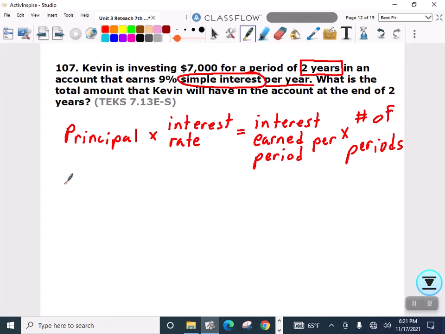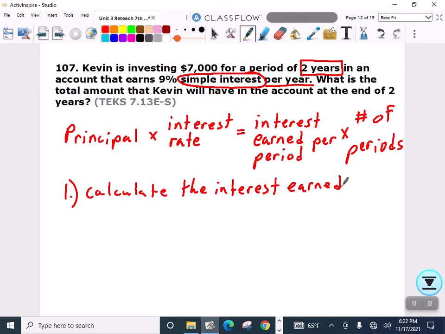So calculate the interest earned, add the earned interest to the principal.